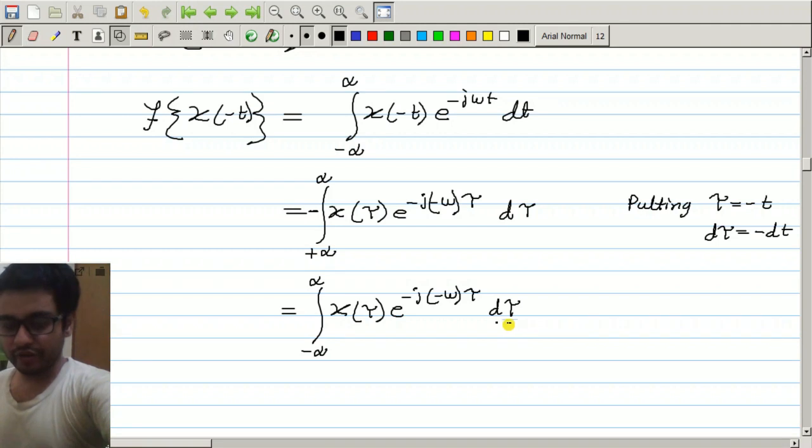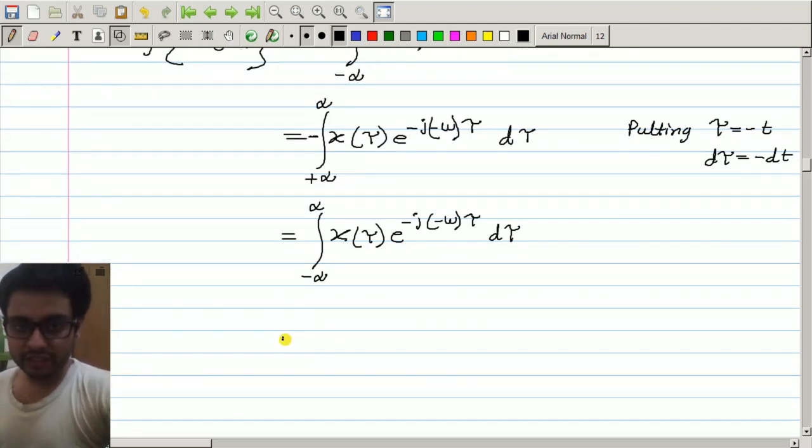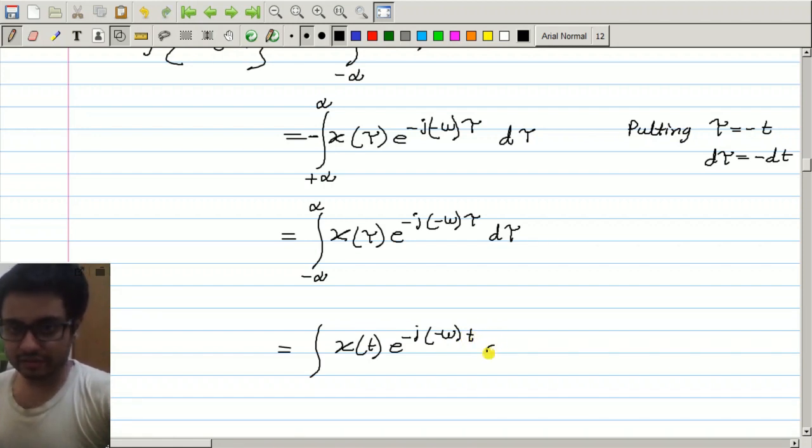Tau is a dummy variable, so if you want you may replace tau with t, then this is what we have, and this is nothing but capital X at minus omega.